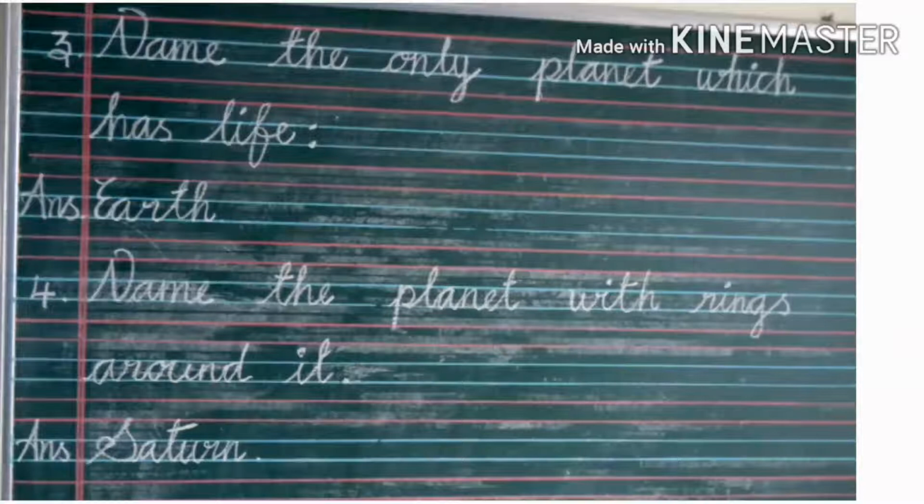So children, which planet has rings around it? The answer is Saturn. Saturn has rings around it? No. Saturn spelling: S-A-T-U-R-N. Saturn.